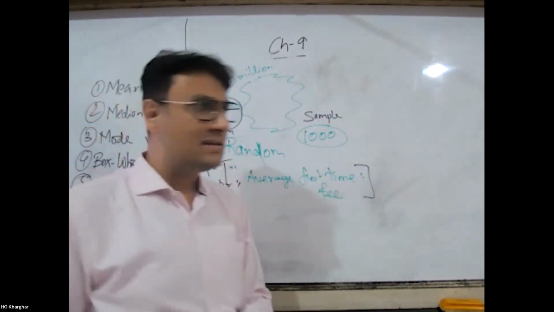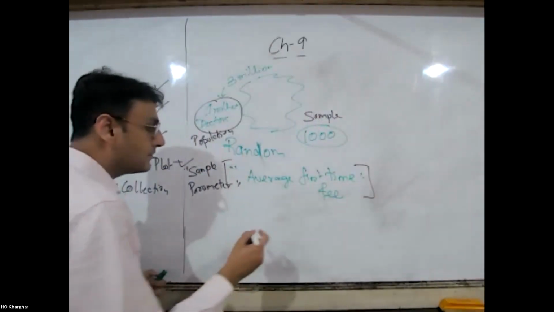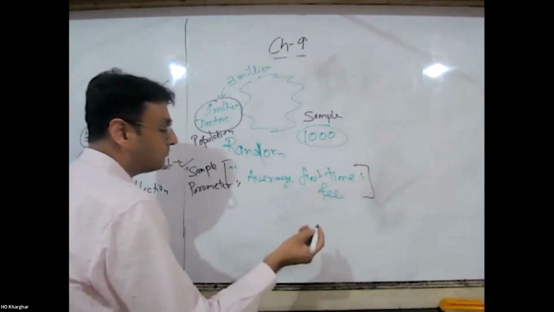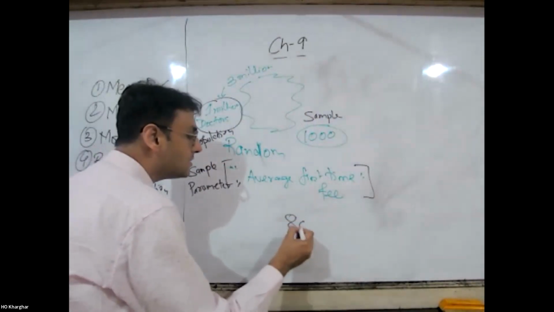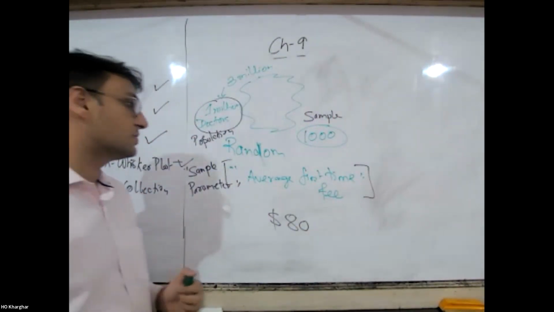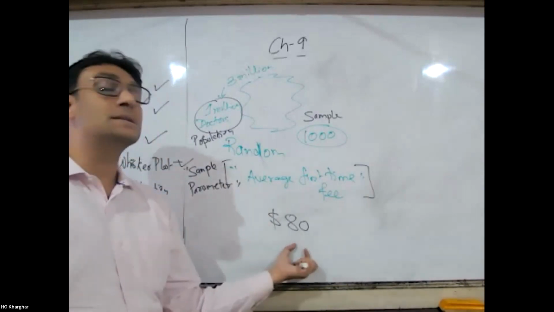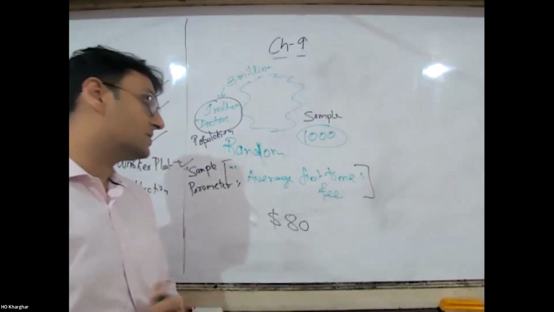Let's say I do this research, and after research, my finding says that the average first time fee is, let's say, 80 USD. It's 80 US dollars for a patient who's visiting first time. That's, I don't know, high or low, but let's say this is the average fee that they charge.